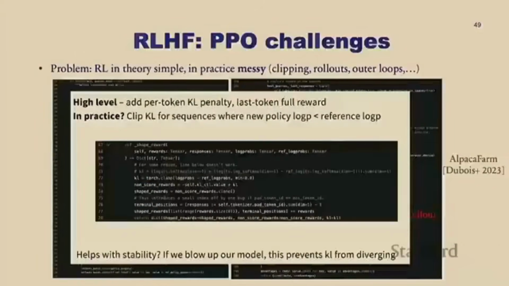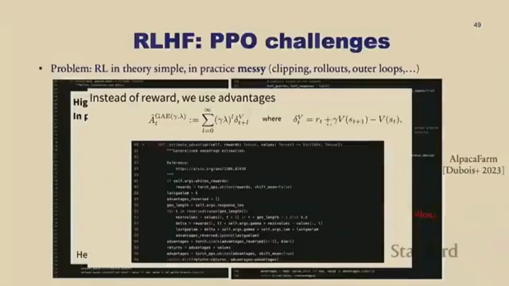So we have one implementation of it that we had to do, and I'm not going to go through it. But basically, you have so much stuff that you have to think about when you implement that type of PPO algorithm. So you have clipping everywhere, you have a lot of complexities, and things are not well documented. All this to say, there was a new method that was proposed also from Stanford one year ago called DPO, which is essentially a simplification of PPO.